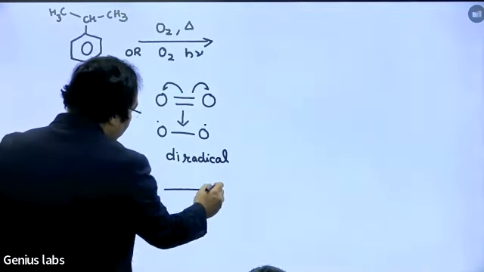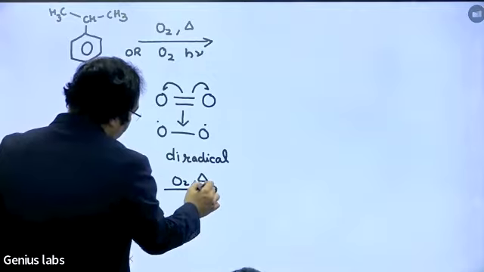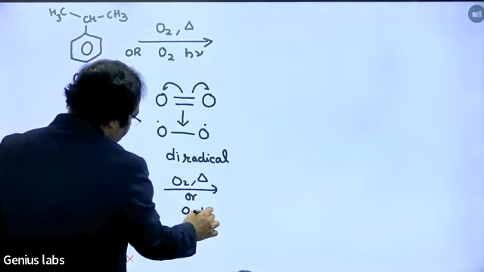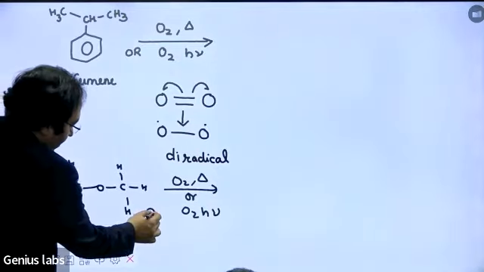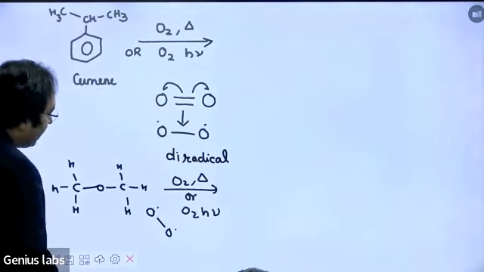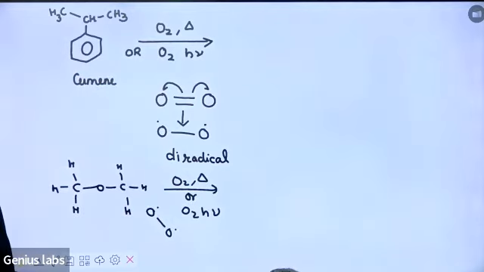And can you answer this question when it was reacting with O2 or O2 and H? Anyone who remembers? We made a diradical. And where exactly did it get attached?